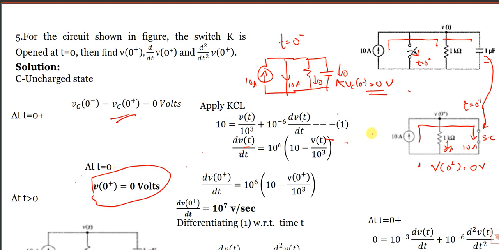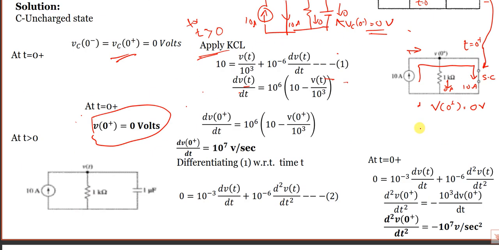Next, for t greater than 0, apply KCL. Consider the original circuit. For t greater than 0, this current is equal to this and this. Only for t is equal to 0 plus do you consider the capacitor as a short circuit.